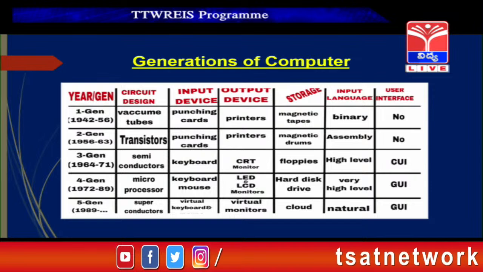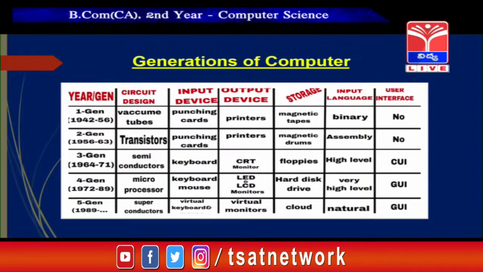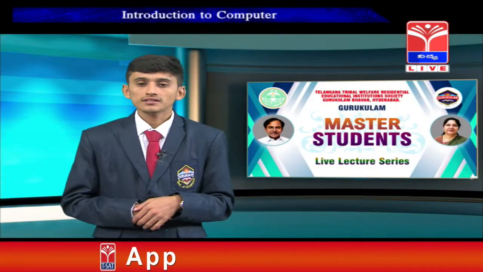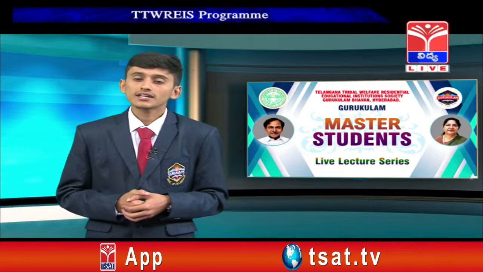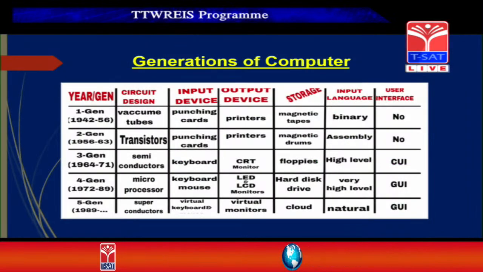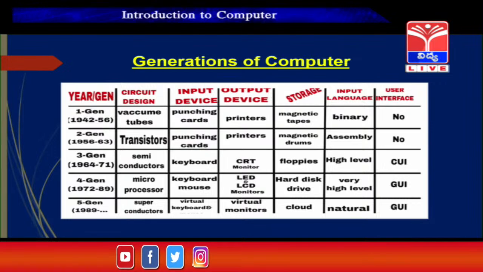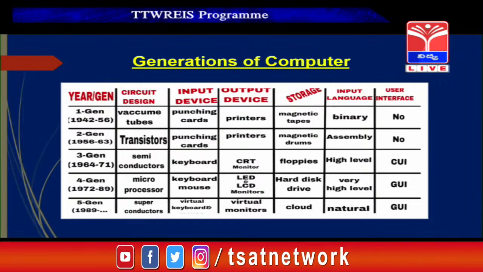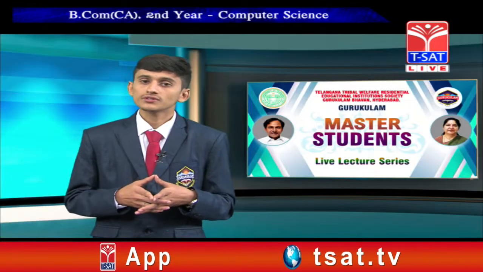Here LED means light emitting diode, and LCD means liquid crystal display, and here hard disk drive is used as secondary storage device in 4th generation computer, and here very high level language is used as input language, and here GUI is the user interface in 4th generation computer.